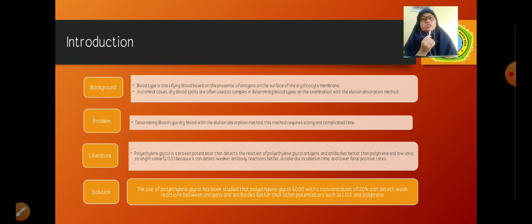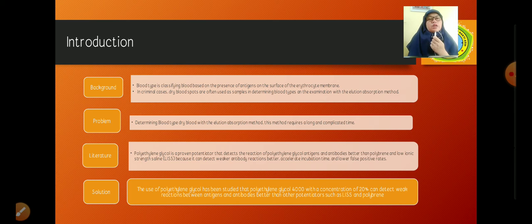The introduction to this research, the background: we know blood type is classifying blood based on the presence of antigen on the surface of the erythrocyte membranes, and blood typing is usually used to determine the erythrocyte antigen.